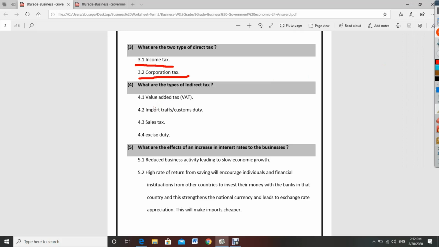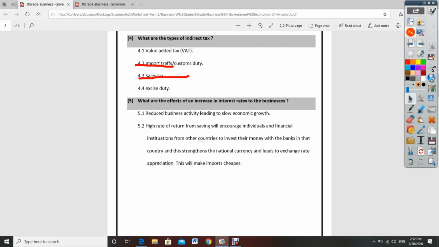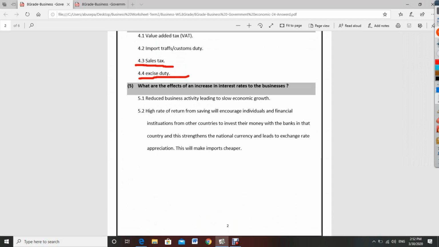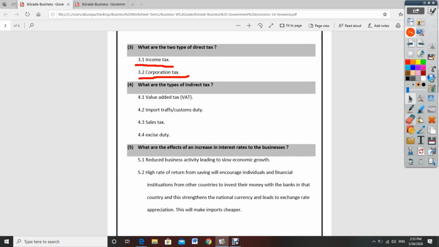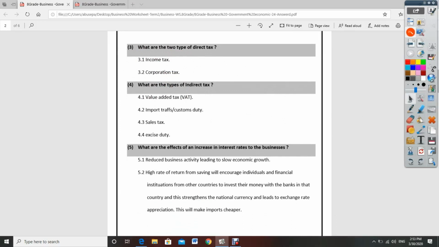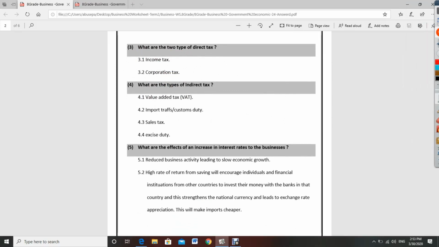The income tax is about your profit or your earnings, while the corporation tax is taken from the businesses, from the companies. What are the types of indirect tax? The first one is value added tax, VAT, import tariffs, customs duty, sales tax, and excise duty.